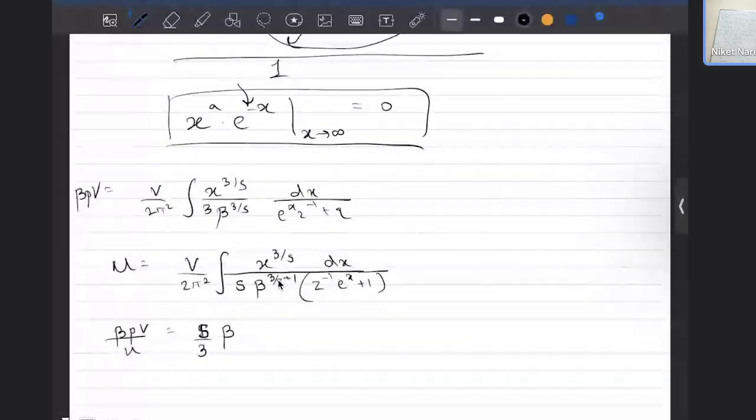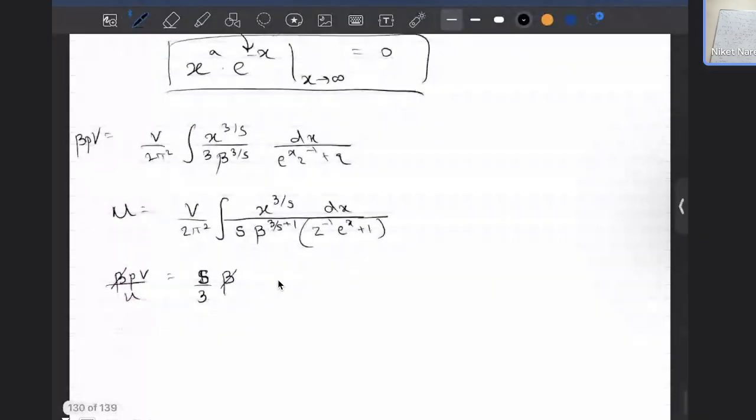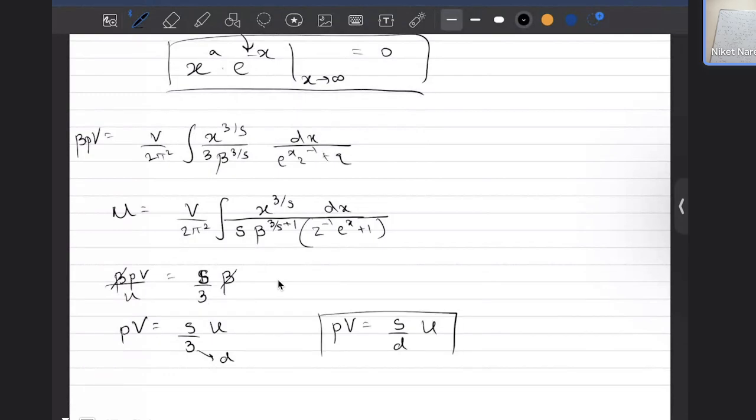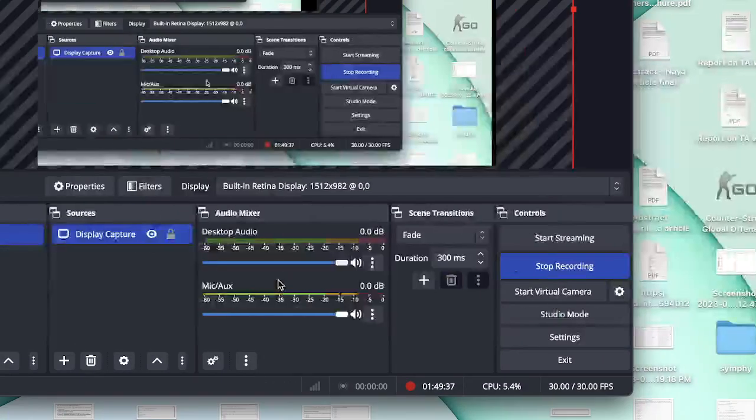So the beta gets cancelled here and everything else remains the same. So what is PV? PV is just s by 3 into u. Here 3 obviously is coming from the dimension d. So PV is actually s by d into u. Is this what we expect? Classically, s is equal to 2, d is equal to 3. Therefore, PV is equal to 2 by 3 u. So yeah, it does match classically. And this is what we expect.